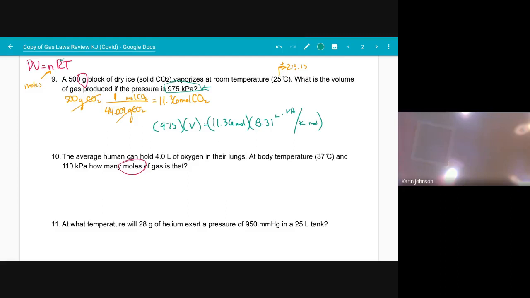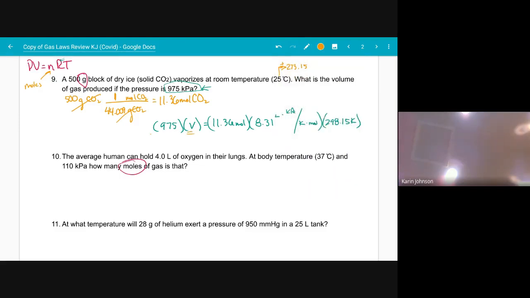kPa, there we go. And then the last one is temperature, and the temperature has to be in Kelvin, so 25 plus 273.15. We get 298.15 Kelvin. And now we're solving for V. We want V all by itself, so this is V here.